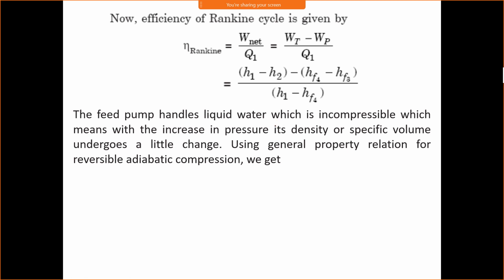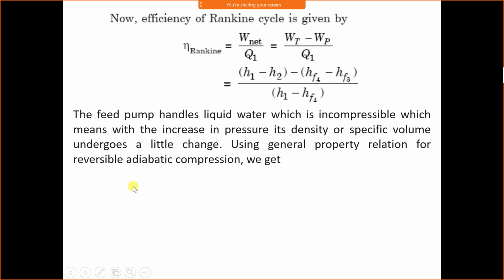Now, if we find out the work required to drive the pump, pump is a flow device, therefore we have to apply the formula of work done of flow process, that is V dP. The feed pump handles liquid water which is incompressible, which means volume remains constant, which means with the increase in pressure its density or specific volume undergoes little change.